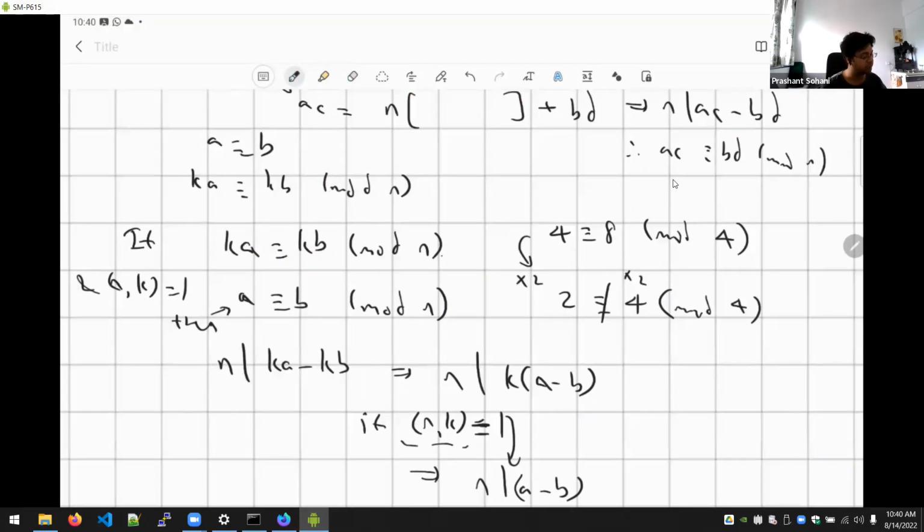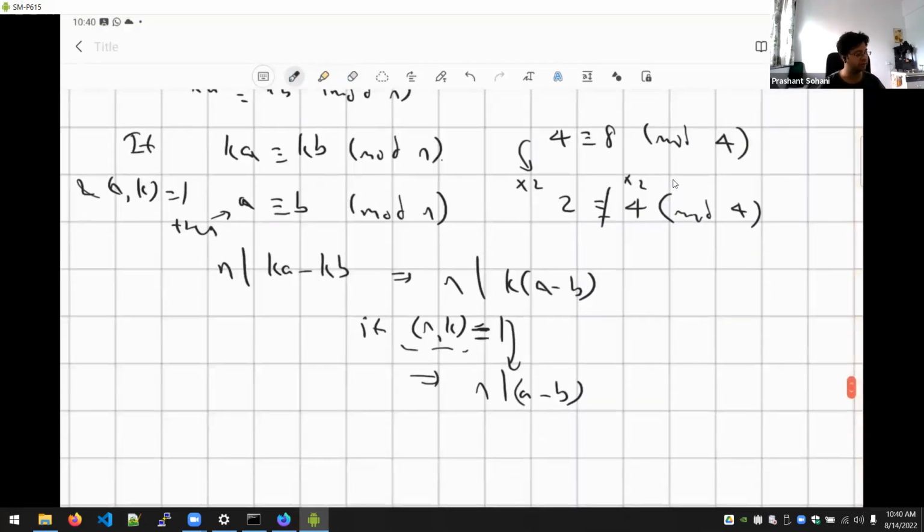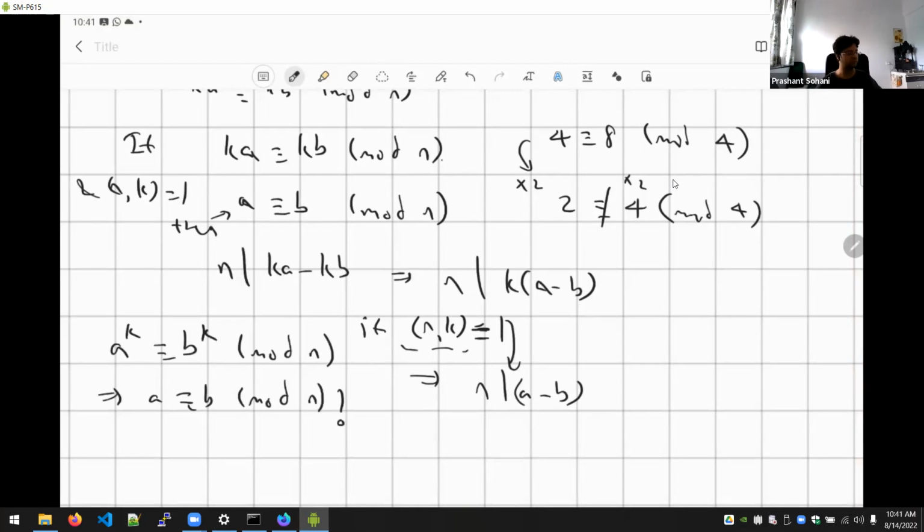Jumping ahead a bit, but just the way we are asking the question, when is it okay to cancel a copy of k like this? We would also want to think of the question of what if a raised to k is congruent to b raised to k modulo n? Does that imply a is congruent to b modulo n? What is the condition which these numbers have to satisfy for something like this to be true?